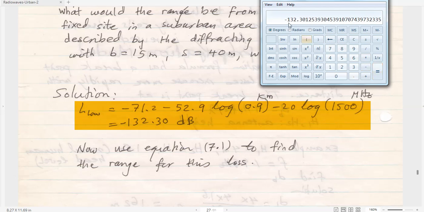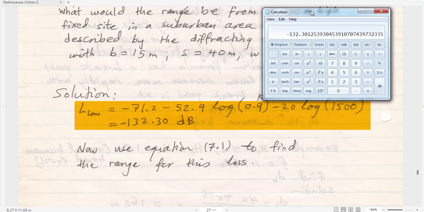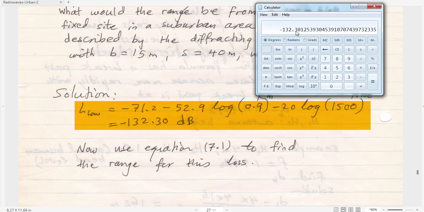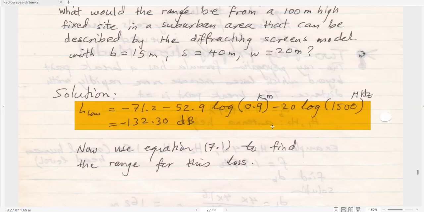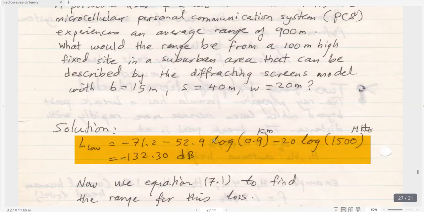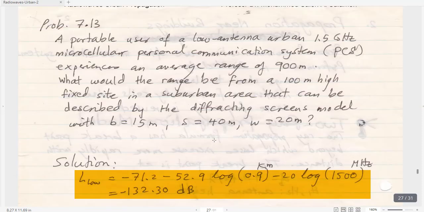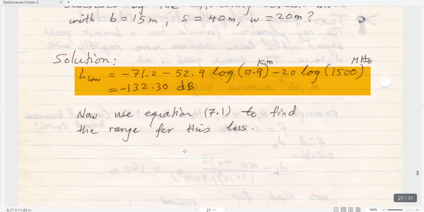It is here minus 132.3 dB, as you can see. Now we can use the equation for the screens model to obtain the required range if we use the other model.